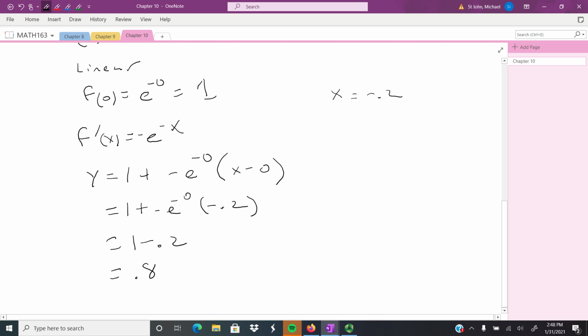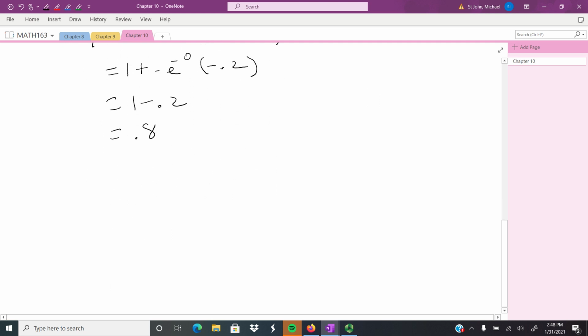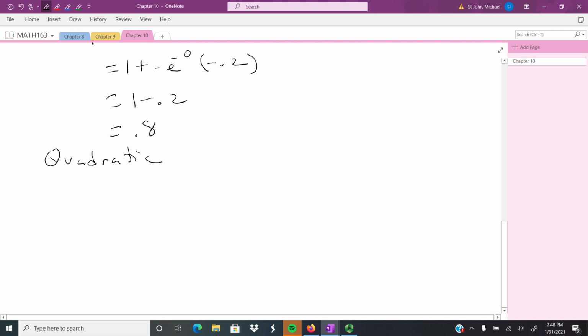If we do this now in terms of a quadratic approximation, again, f of x equals e to the minus x. The first derivative is minus e to the minus x, and my second derivative is e to the minus x.